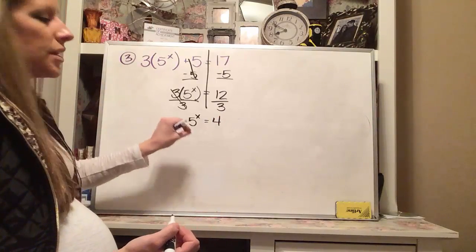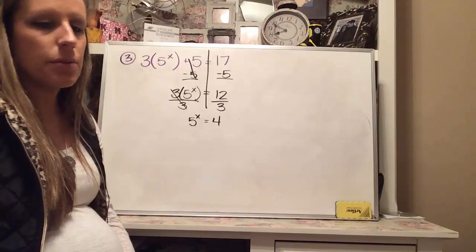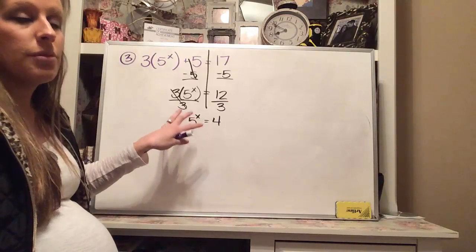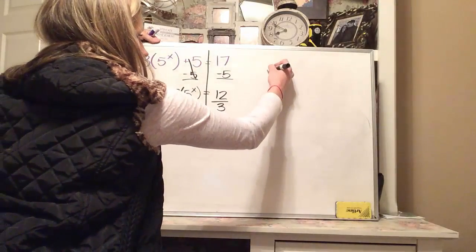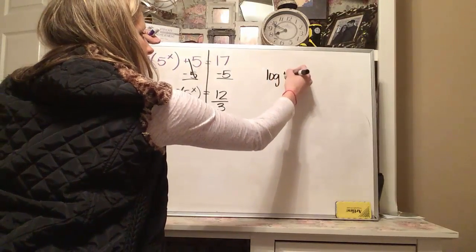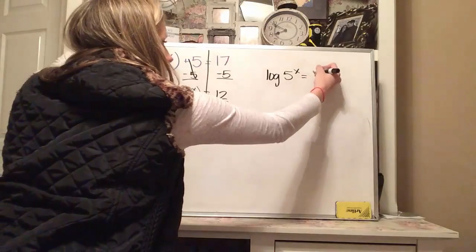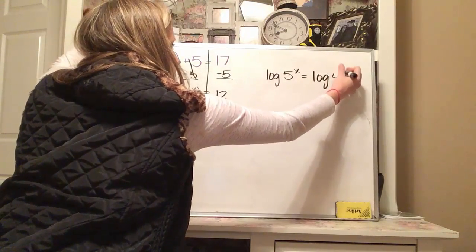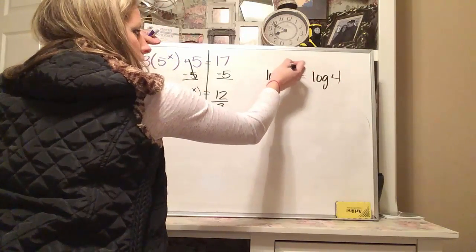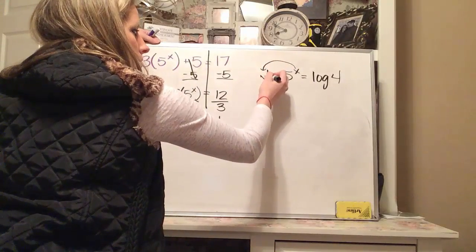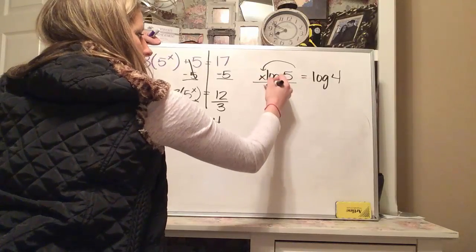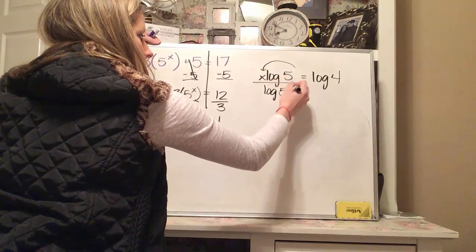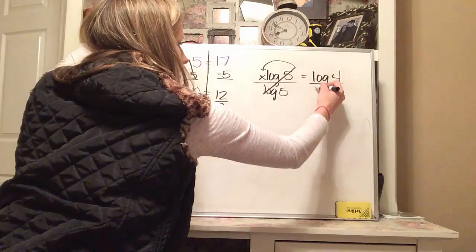Okay. Now that I have that term with x and the exponent by itself, I can take the log of both sides. So log of 5 to the x power equals log of 4. I'm going to take that exponent and move it to the front like we did yesterday, and then I can divide by the log of 5 to get my x by itself.